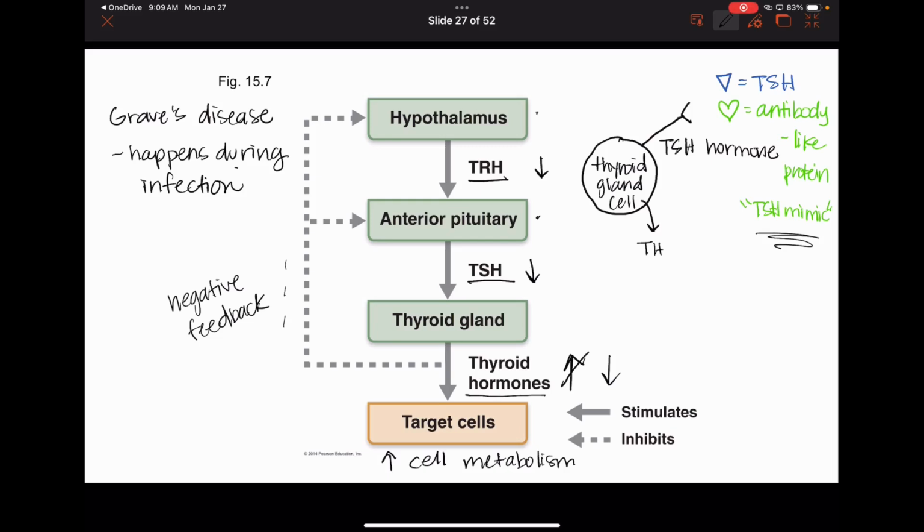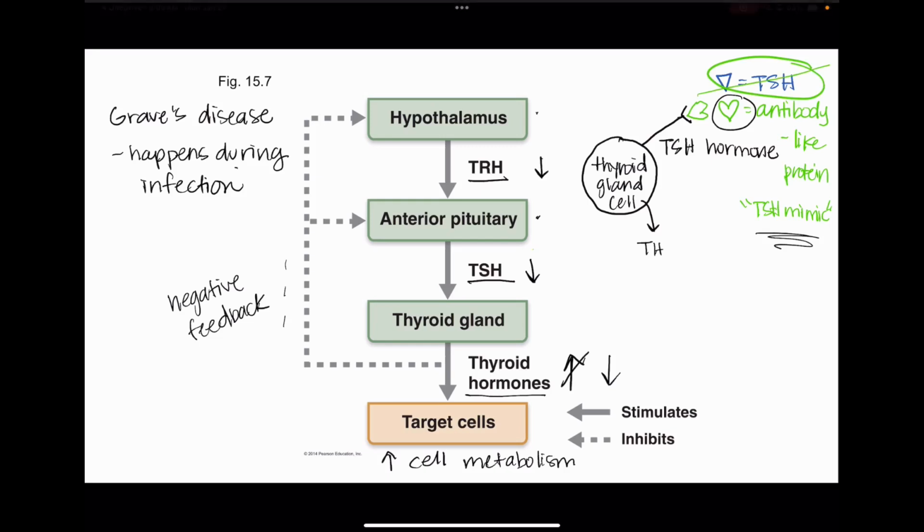And so what ends up happening is we have this negative feedback loop, right? If we have enough thyroid hormone, then we should have a negative feedback on the anterior pituitary and the hypothalamus to decrease all of these hormones. Okay? But what if we have this antibody-like protein that is continually binding to this TSH receptor and causing the thyroid gland cells to continually put out thyroid hormone, even though there's not a whole lot of thyroid stimulating hormone around.